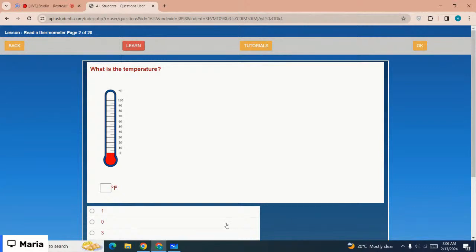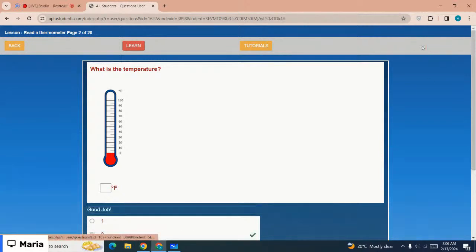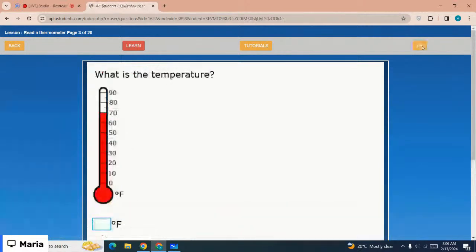Okay, the next one is, what is the temperature? Which is the correct option?